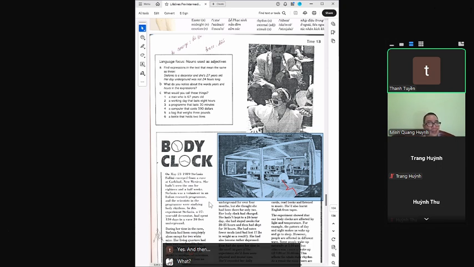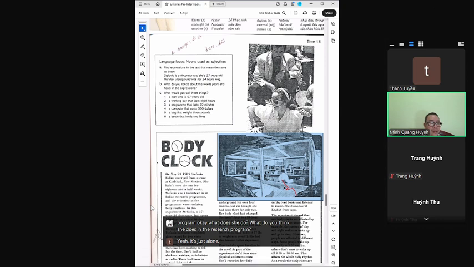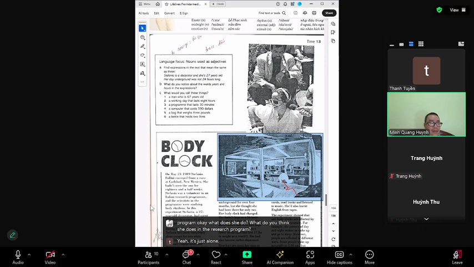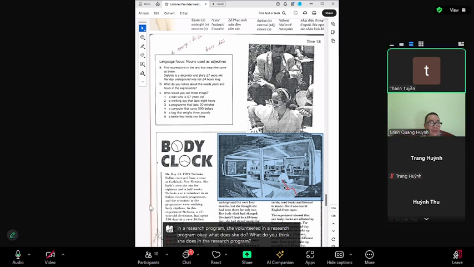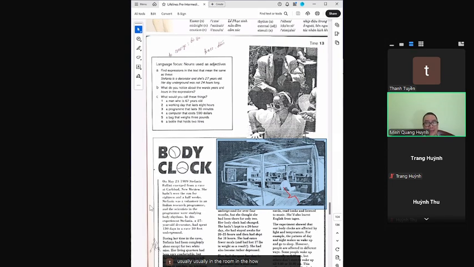In a research program. Yes, a research volunteer in a program. Okay, what do you think she does in the research program? I think people usually in the room, in the house, not on the road.